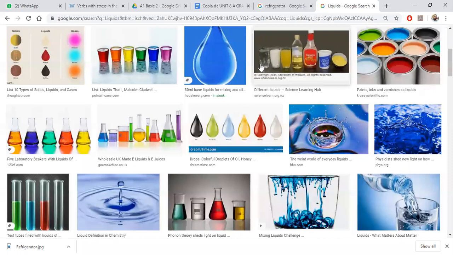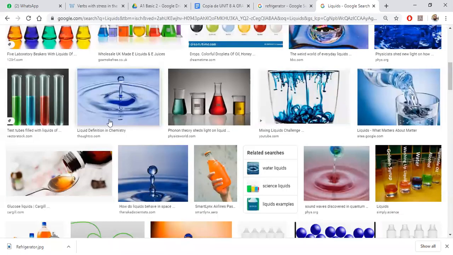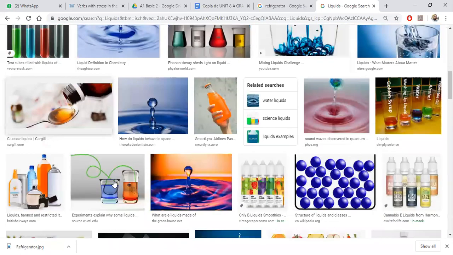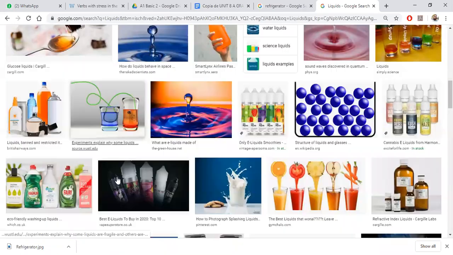Now you can count the containers they have. For example, 6 glasses of colored water. You can count the container, not the water, okay? If the water is like this, you cannot count it.